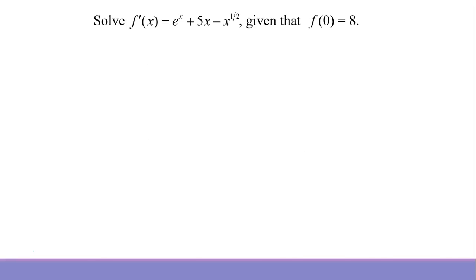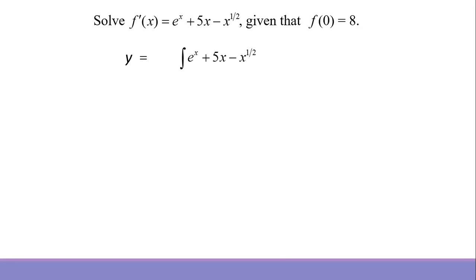Here's a differential equation that we're asked to solve. And we also have an initial condition, which is f of 0 equals 8. Because we have an initial condition, we'll be able to figure out a value for c in this equation. But let's solve it first and find a general solution.